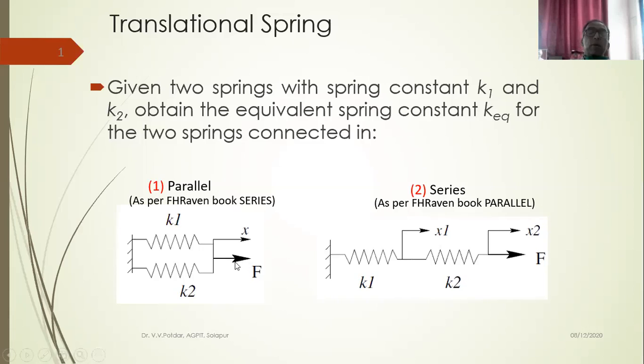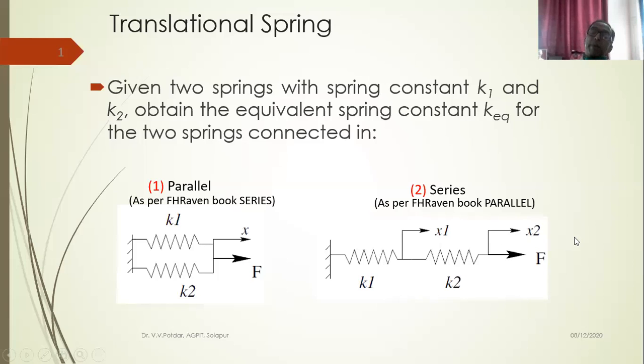And in case of this parallel sort of arrangement, as per Raven's nomenclature, the springs having stiffness K1 and K2 are subjected to force F. But as you can see, this force F is same for spring K1 and spring K2, whereas the displacements X1 and X2 will be shared.